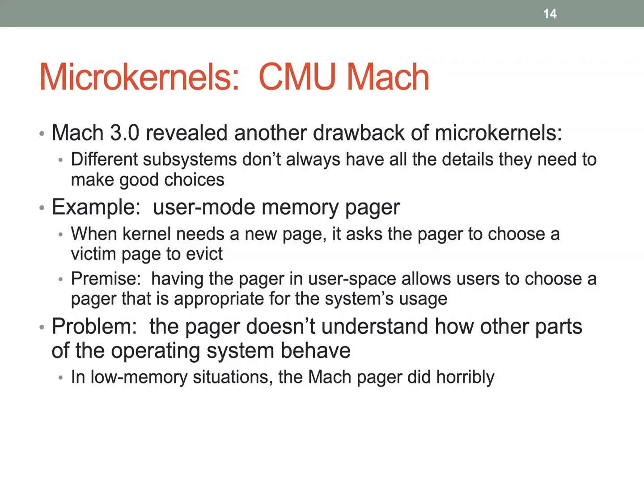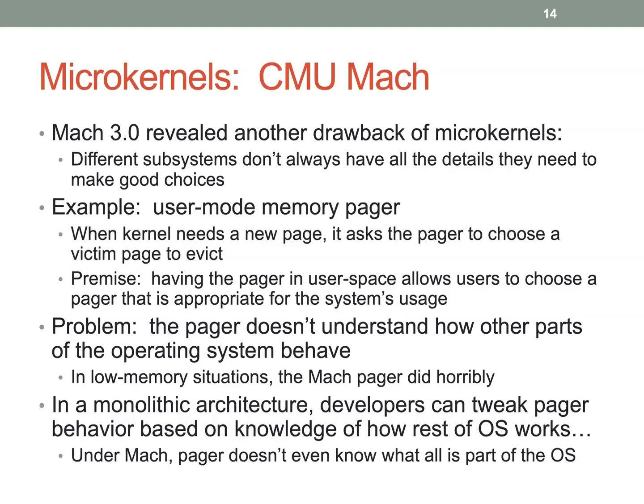But the problem is the pager doesn't have a good insight into how everything else is working and what everything else is doing because it's isolated in a process. And so the Mach pager did terribly in these kinds of low memory scenarios when the kernel was executing. So this is a problem that doesn't exist as much in a monolithic kernel because everything's in the same bucket.